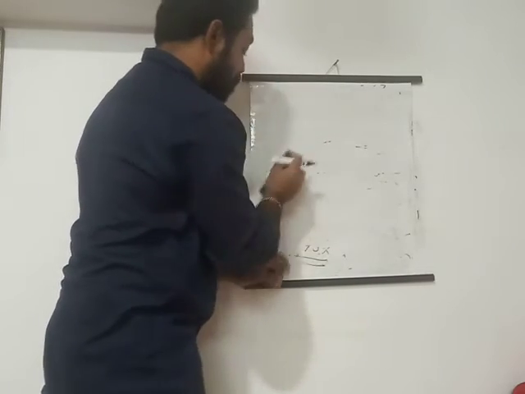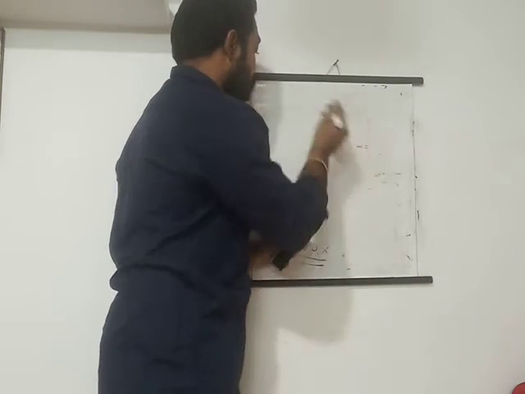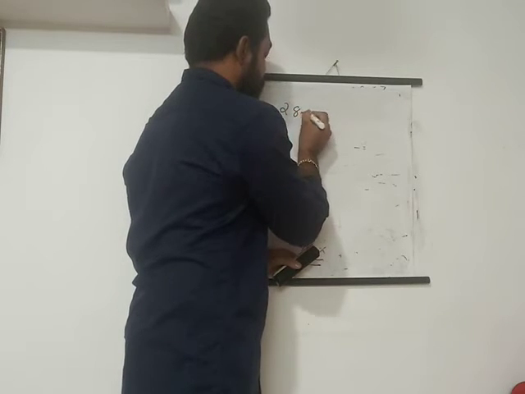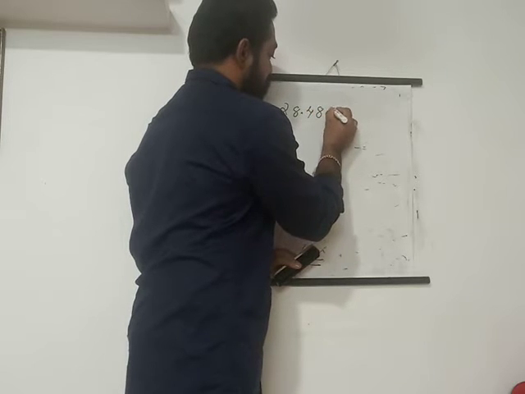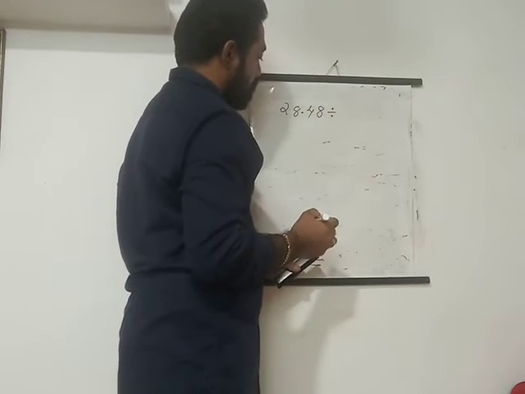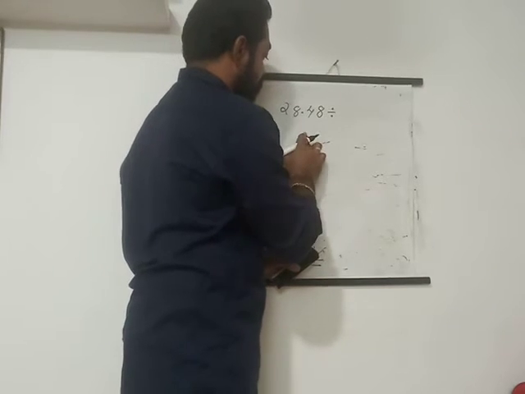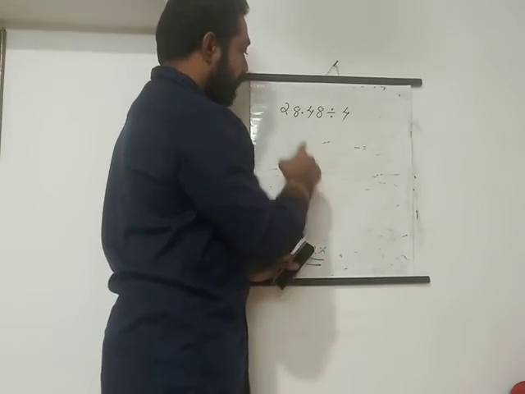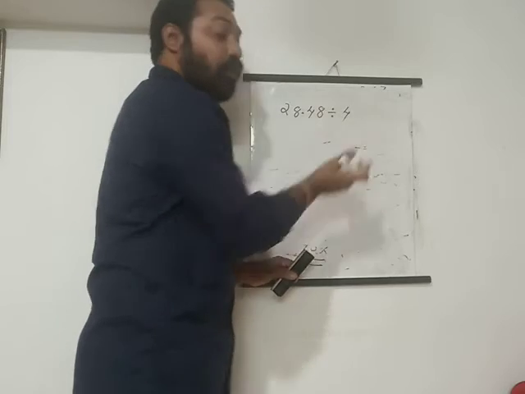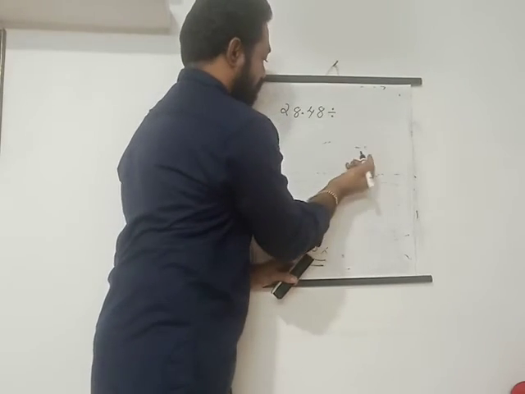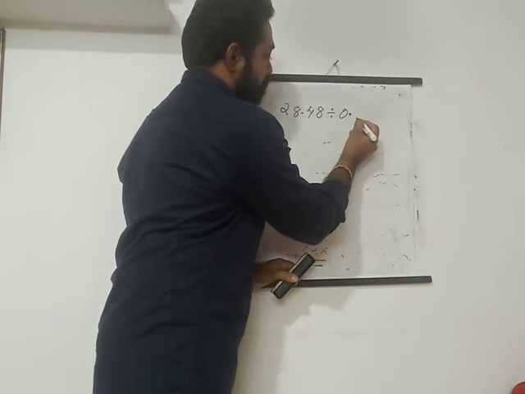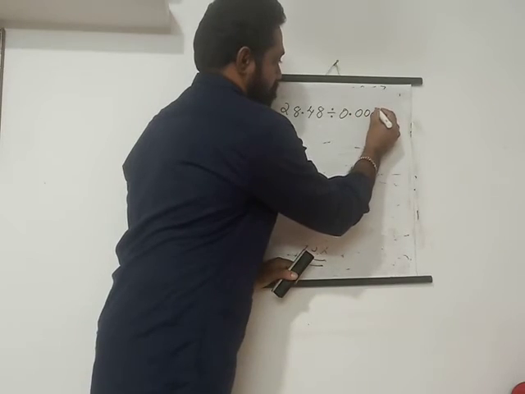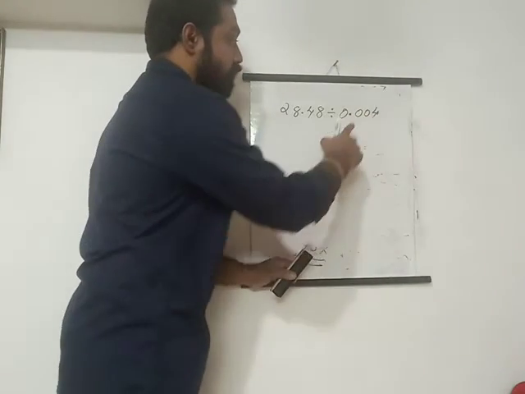It can be a number, for example, 28.48 divided by 0.004.